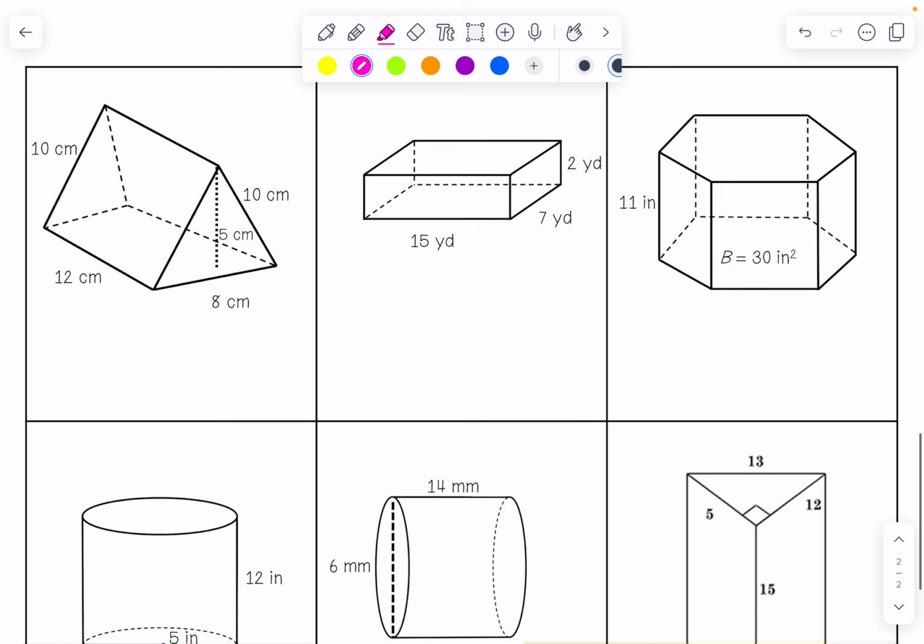We're gonna come to these prisms and cylinders where we're just gonna start applying our formula now. So this first one, all right, first of all, it's good just, again, to identify the shape that you're dealing with so that you know what shape the base is. So when we look at this figure, this is a triangular prism, which means that our bases are triangles.